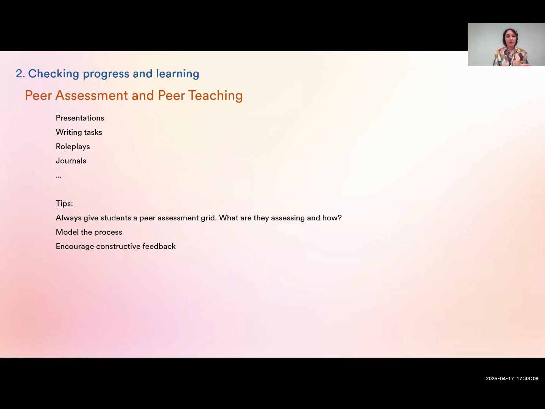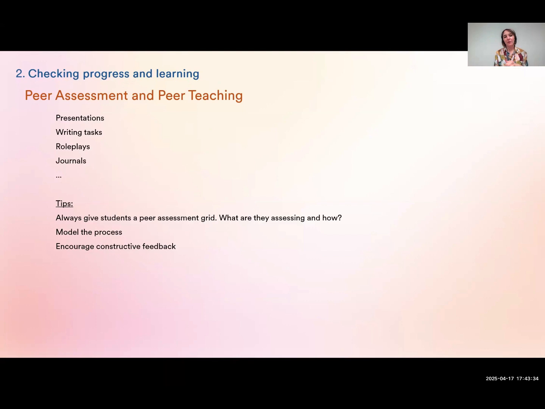How is the body language for a presentation? Are you making eye contact with other students? And was the general fluency good? Maybe they can rate each other with a score, say 0 to 5, and explain what they noticed that was good and what could be improved.